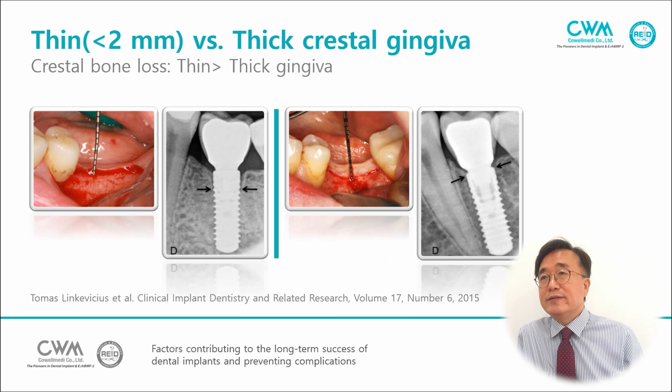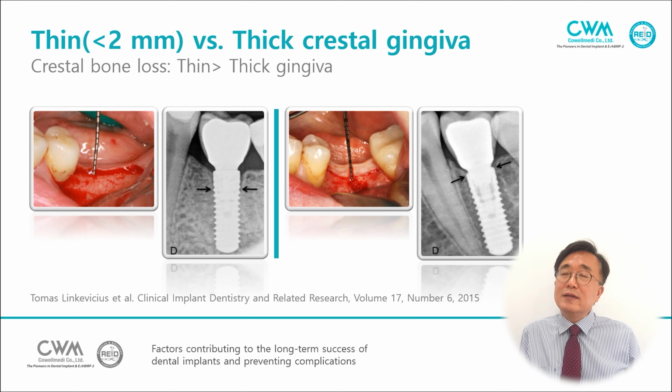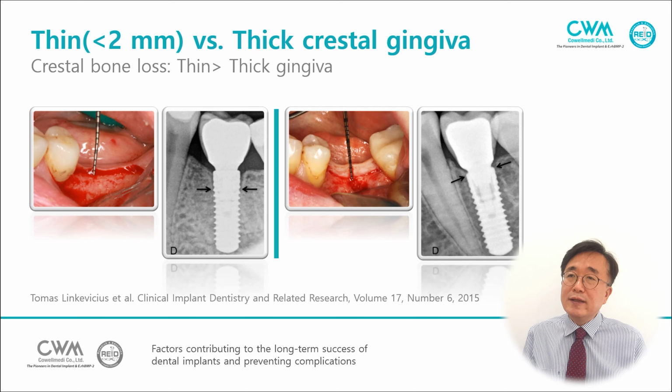Crestal bone loss occurs more in the thin biotype. In a thin biotype with under 2 millimeters, the implant is placed at the same level as the crestal bone, since the marginal bone is resorbed, because of getting the 3.8 biological width.